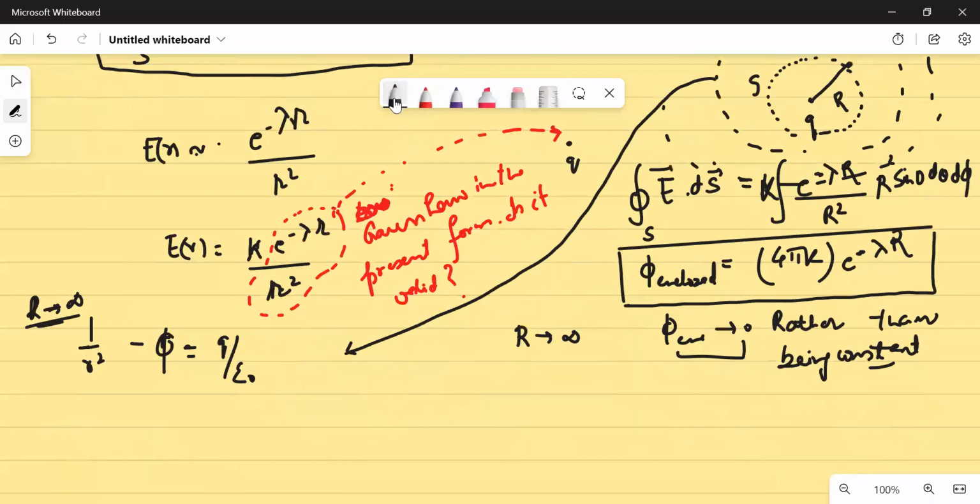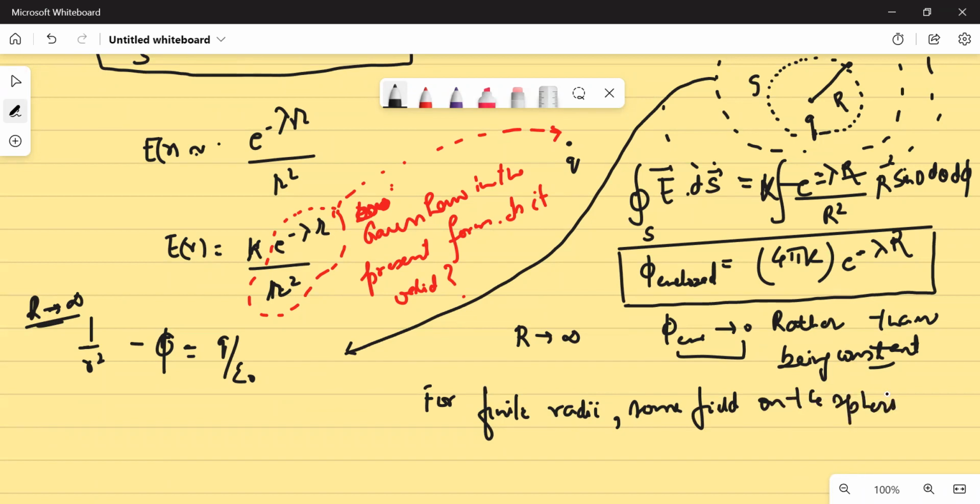For finite radii, there would be some field, apart from the field from the point charge, on the sphere surface also, because there is some extra flux enclosed. This is like e to the power minus lambda. So again, there is some excess of flux that is enclosed apart from this Q. Is that clear to you?